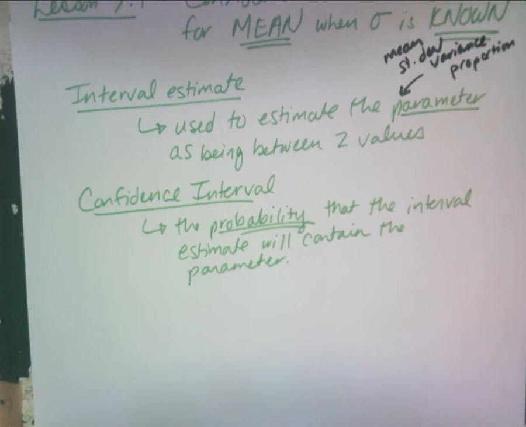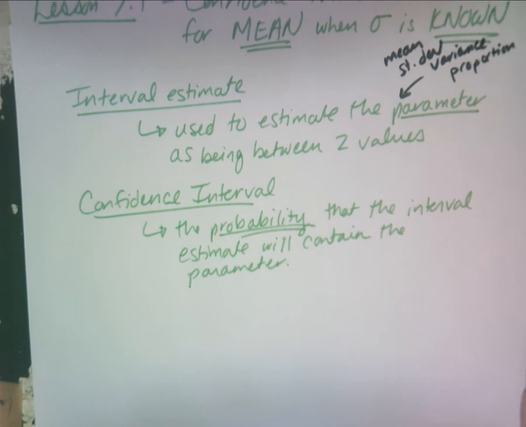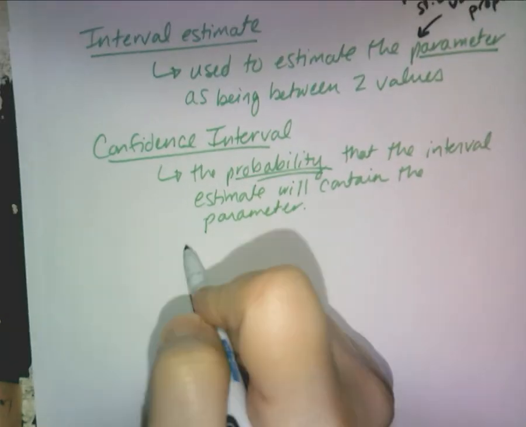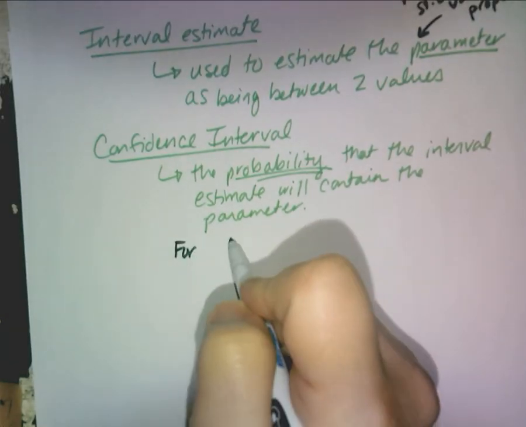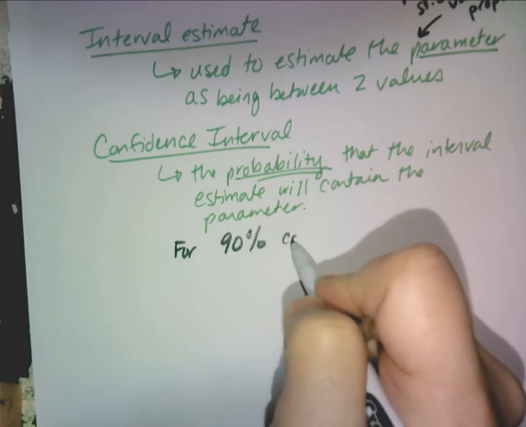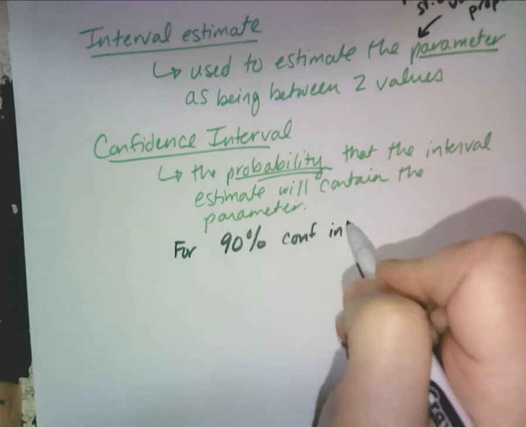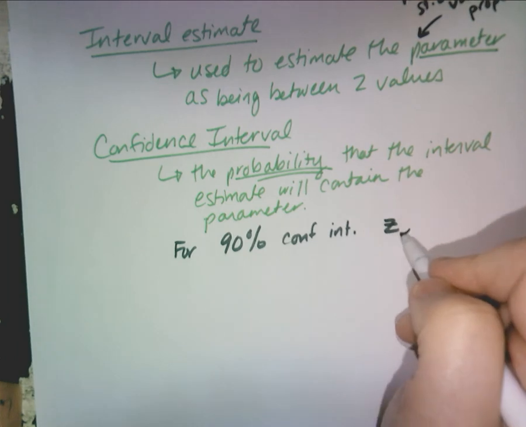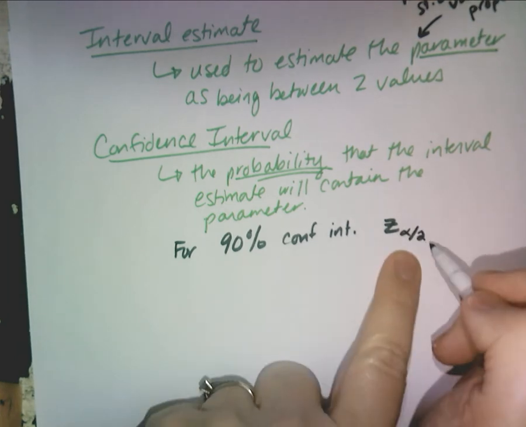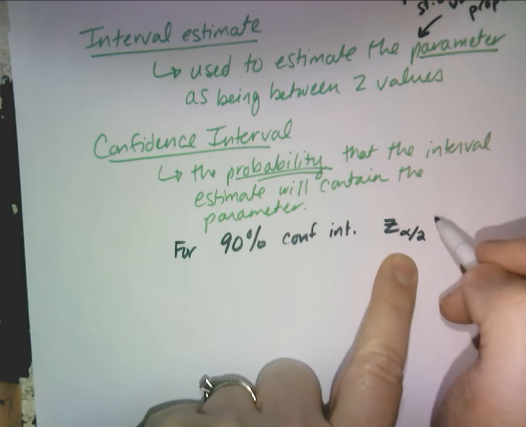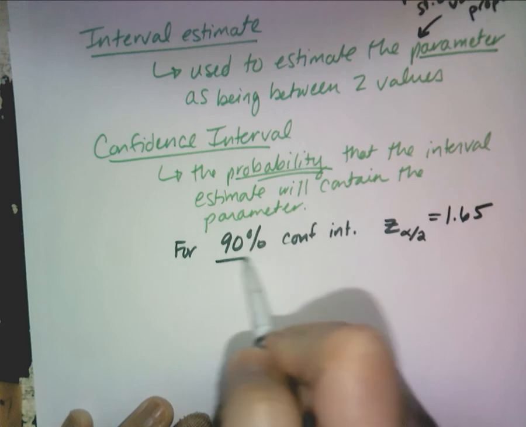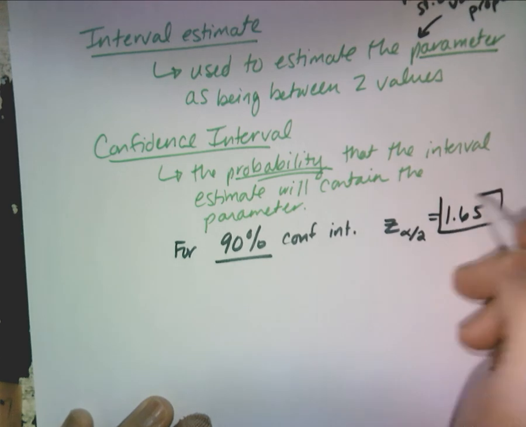Okay, so there are really 3 types of confidence intervals. You could do other types, but more than likely it's these 3 types all the time. If you're going to find out for a 90% confidence interval, you are going to use a z alpha over 2, just write that and I'll explain what it means in a minute, of 1.65. For 90%, 1.65.